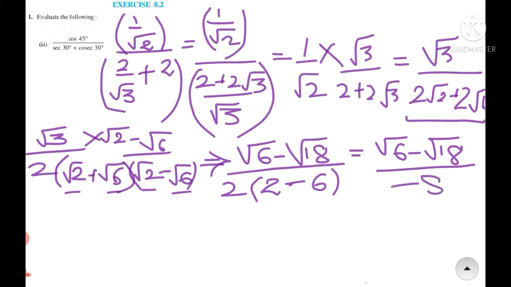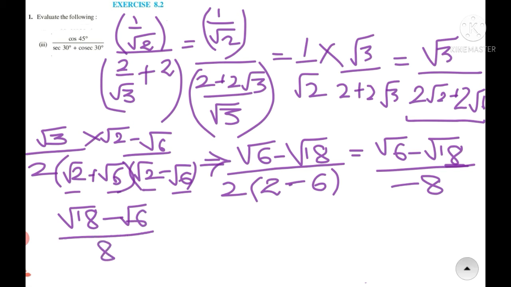that is minus 8. Now, though it's quite simplified, we never leave a negative sign in the denominator, number 1. Number 2 is root 18 can also be simplified. So, we shall do these two steps. Taking negative to the numerator, I change the sign of both of the terms in numerator. That is, I get root 18 minus root 6 divided by 8.